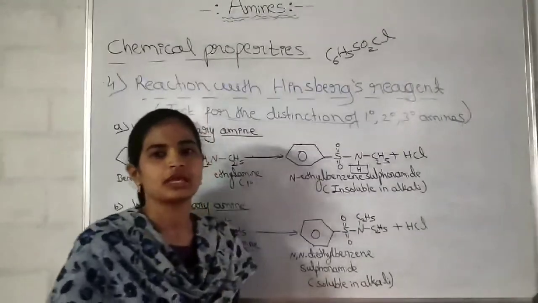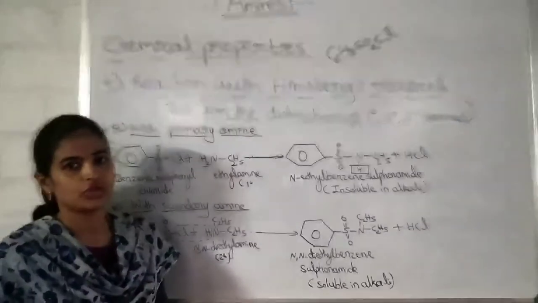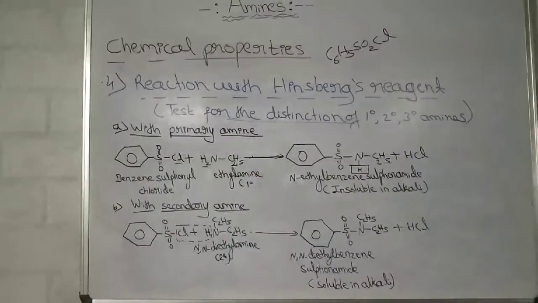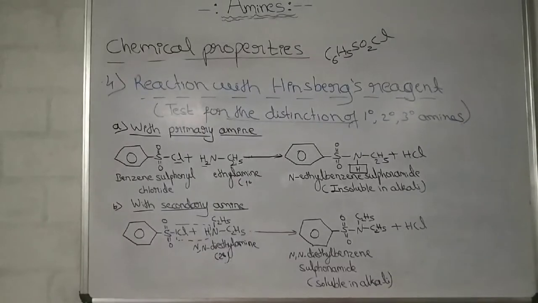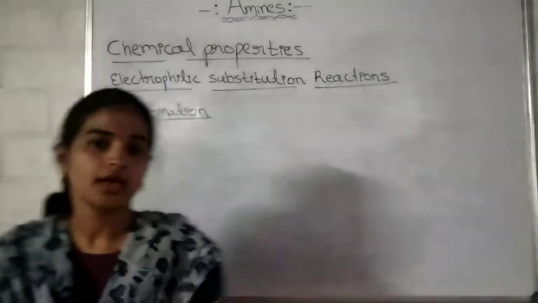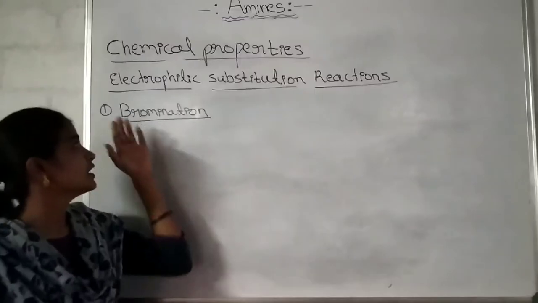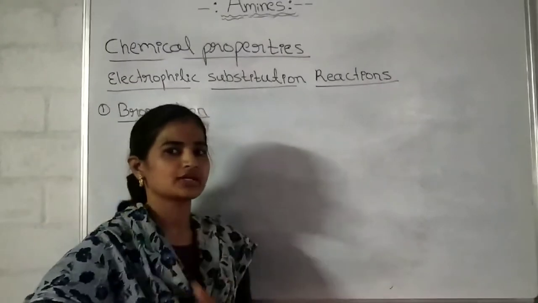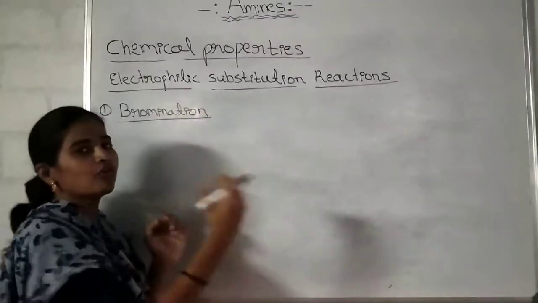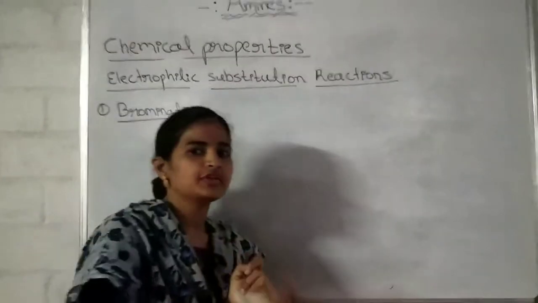Next we have to study the electrophilic substitution reactions of amines. In the chemical properties, the next one is electrophilic substitution reactions of the amines. Electrophile means electron deficient species.